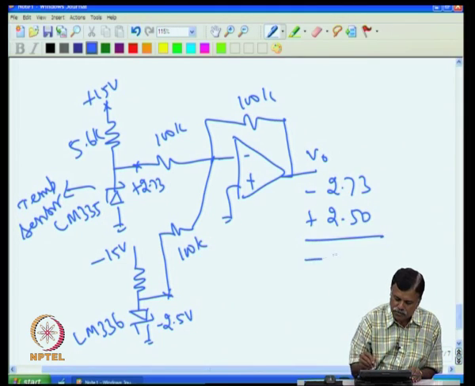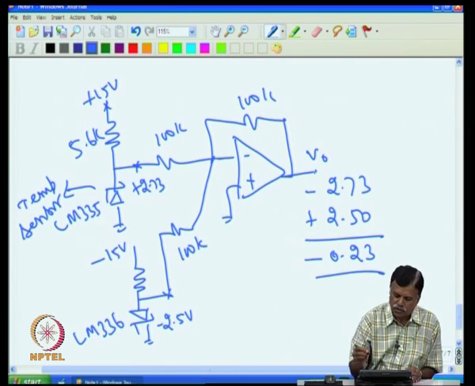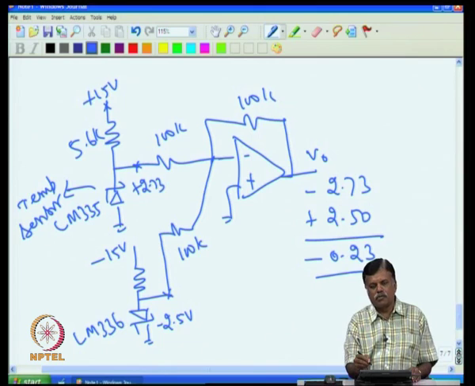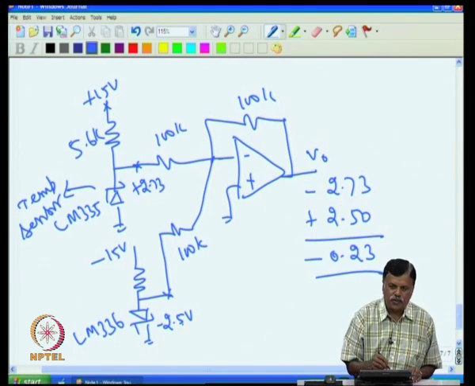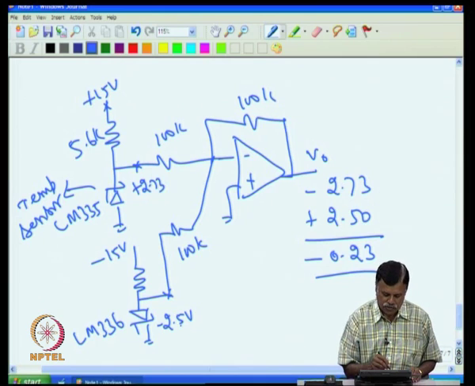So, the net result will be minus 0.23 volt, that is, instead of getting 0, we are getting 0.23 volt at 0 degree C. That is because a 2.73 volt Zener is not available in the market, that is why this problem happened.